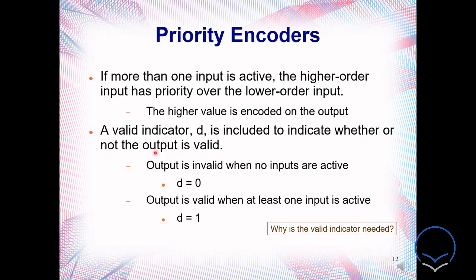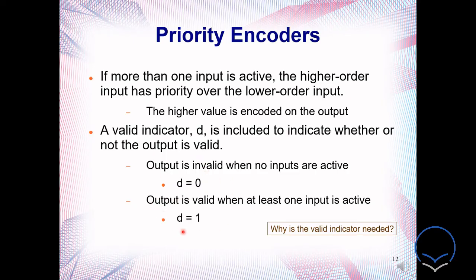This is for the second question. The output is invalid when no inputs are active. If at least one input is active, then the output is valid. So this is the answer for question 2.